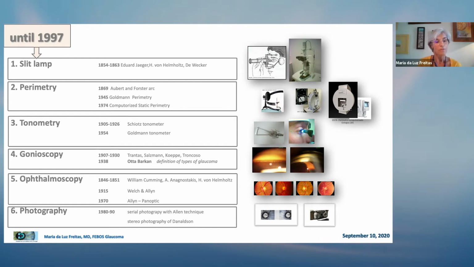The appearance of computerized static perimetry took about 100 years since the appearance of the Foster arch in 1869, as well as the development of the ophthalmoscope. Gonioscopy, since 1938, remains a milestone in the evaluation and diagnosis of patients.